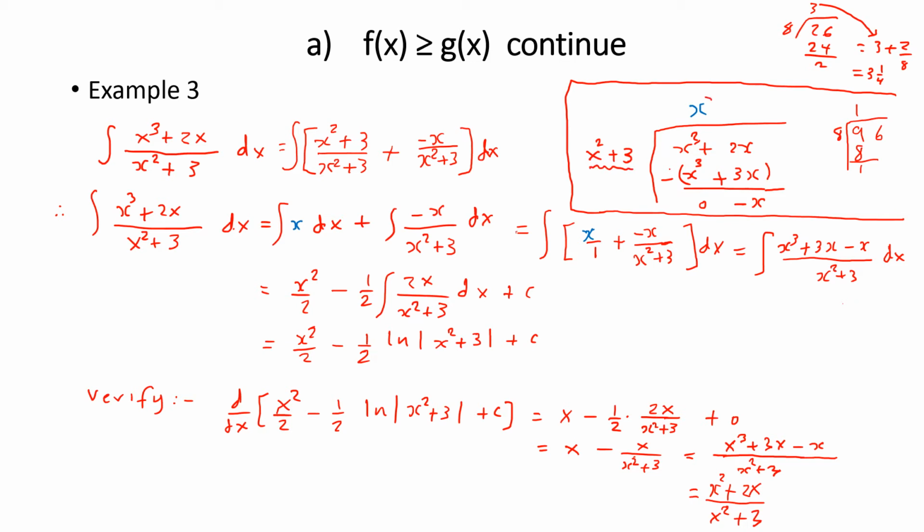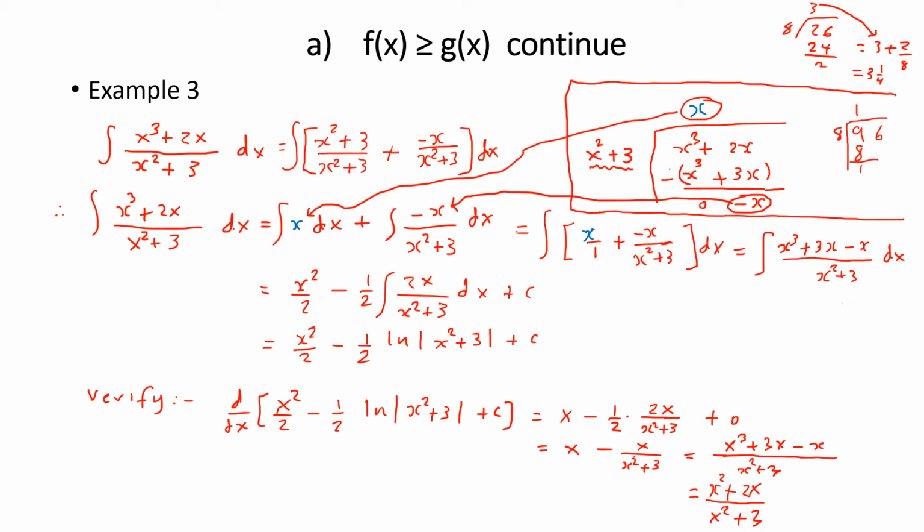So we have the result of division is x. So we put x to integrate by itself. And then the remainder, we took it and we put it as a fraction. So this is the remainder to integrate as a fraction.